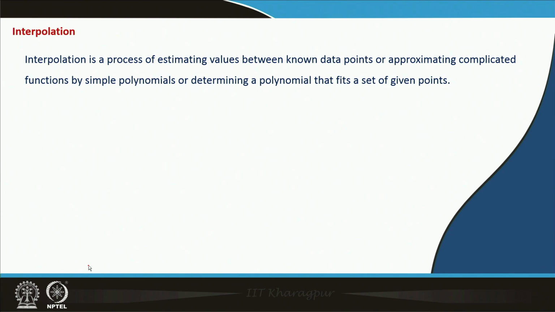So, coming to interpolation, it is a process of estimating values between known data points, or approximating complicated functions by simple polynomials, or determining a polynomial that fits a set of given data points. So, there are various ways one can define interpolation.